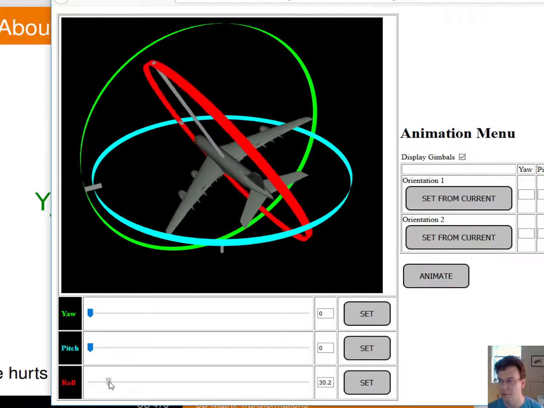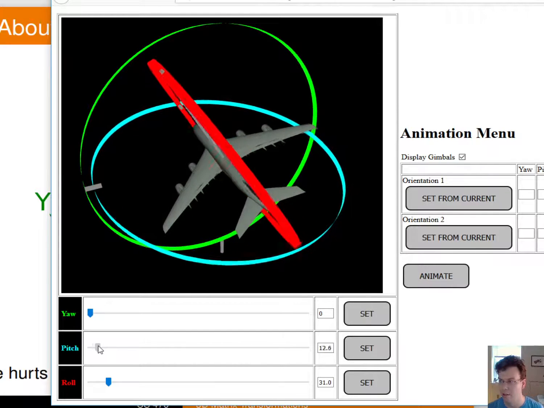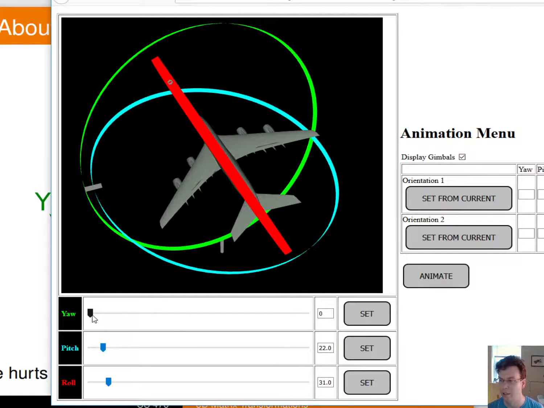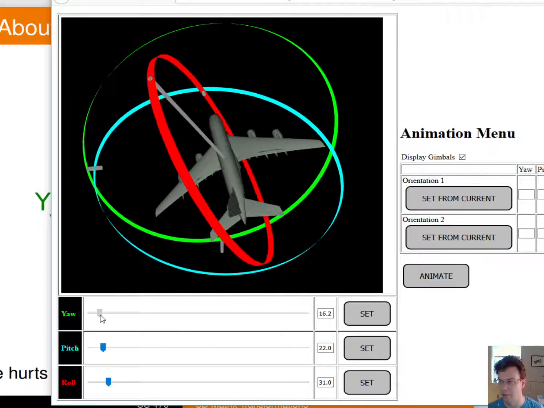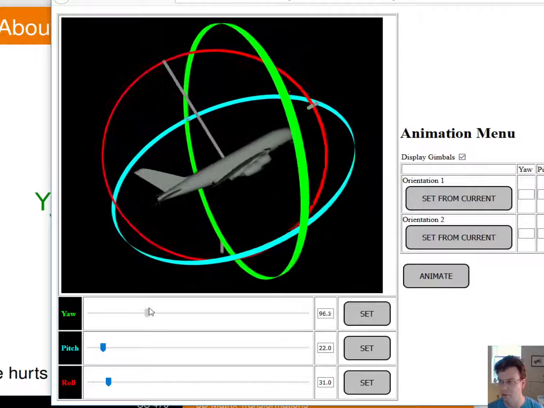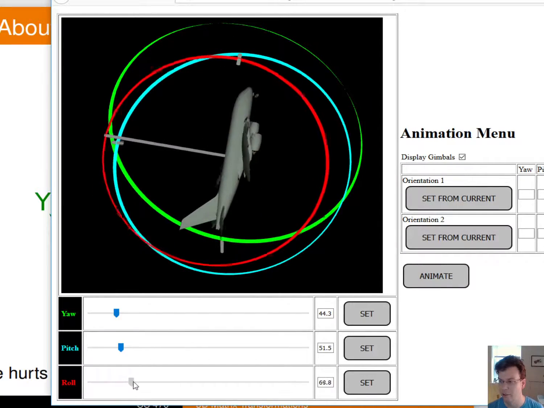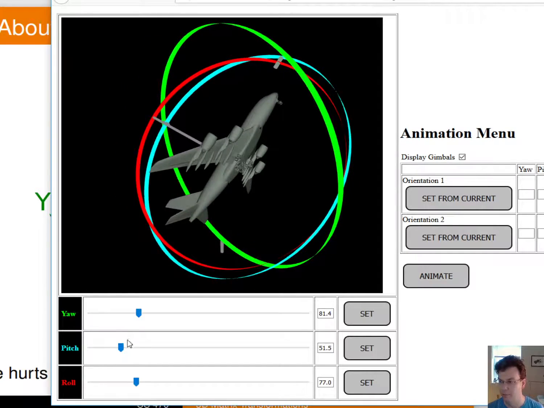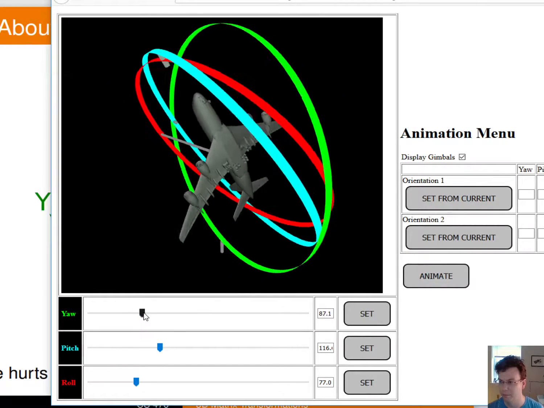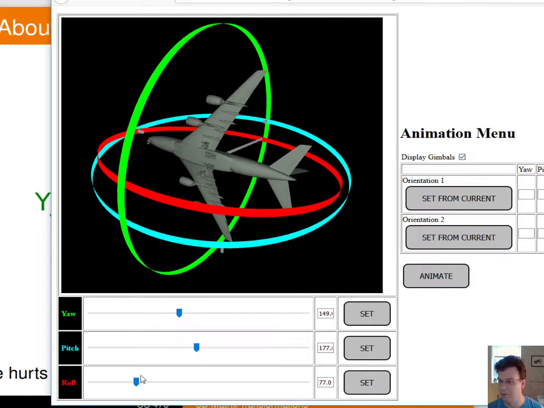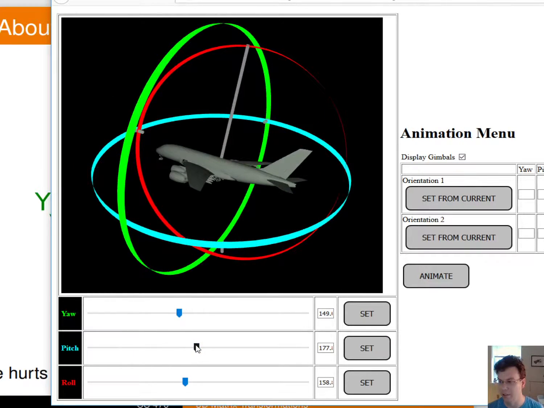And once I've rotated around the z-axis, I can then rotate around the x-axis. So that's called pitch. And then once I've rotated around those two, I can rotate around the y-axis. That's called yaw. And so I can make this plane point in any direction that I want by specifying these 3 angles. So we'll play around with this more later, but I just wanted to show you that.